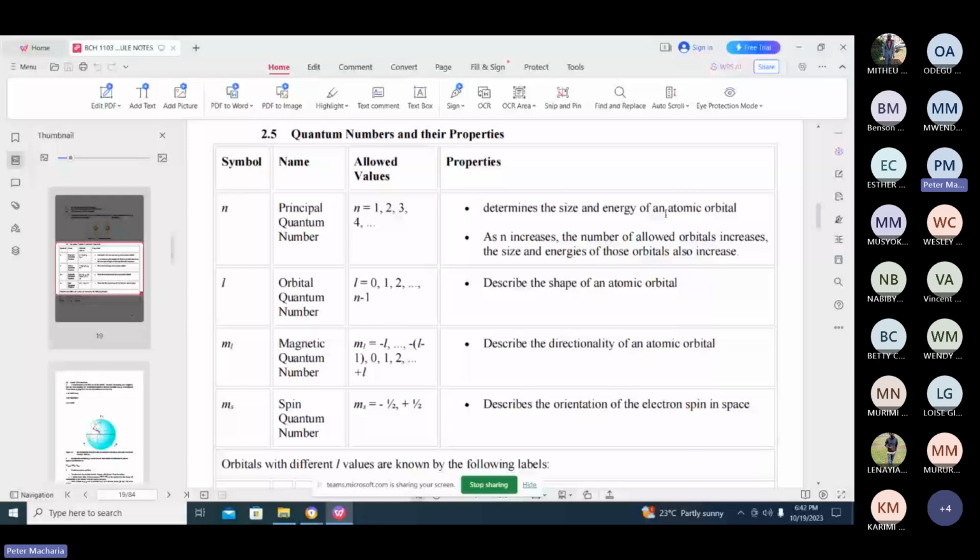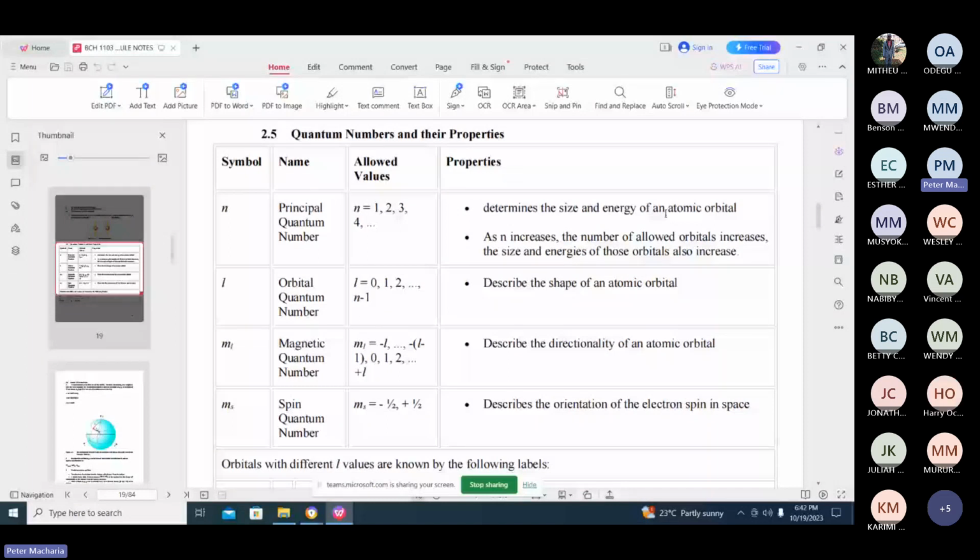And we name them using alphabets. The sub-levels we named as S, P, D, and F. Those are the descriptions that we give to sub-levels.